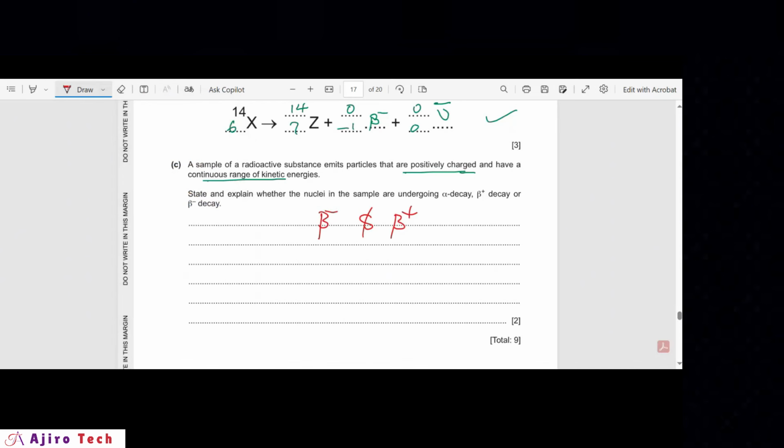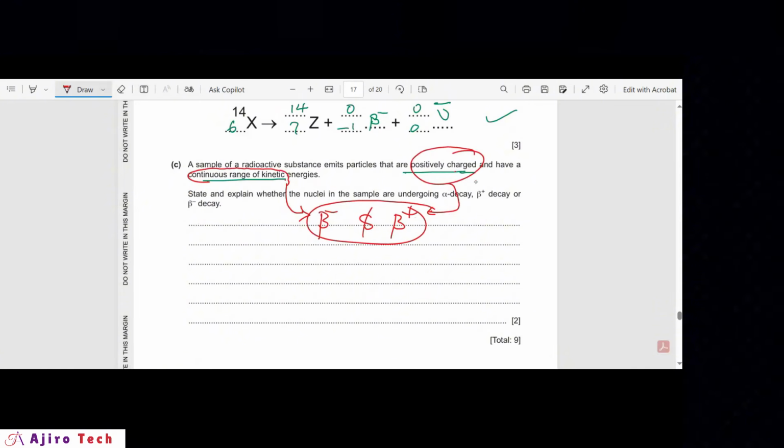This statement is linked to these two. It indicates it is either of these two. Positively charged now brings it out. So this positively charged indicates that it is beta plus.